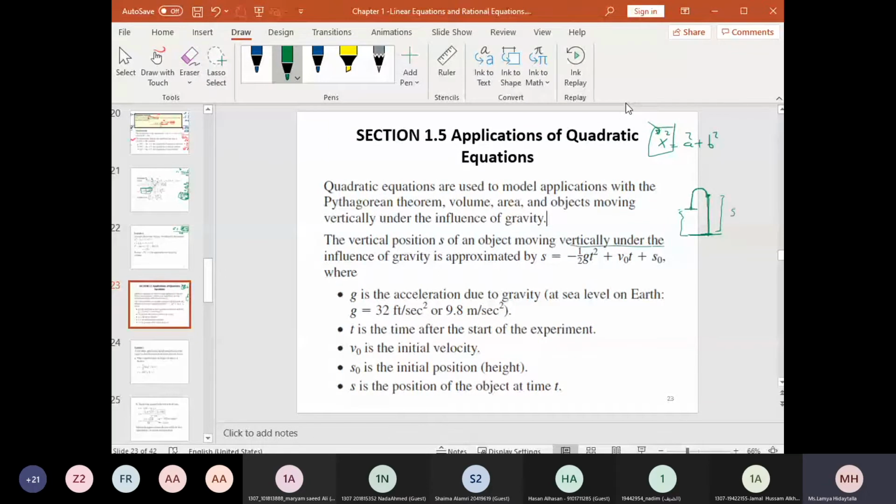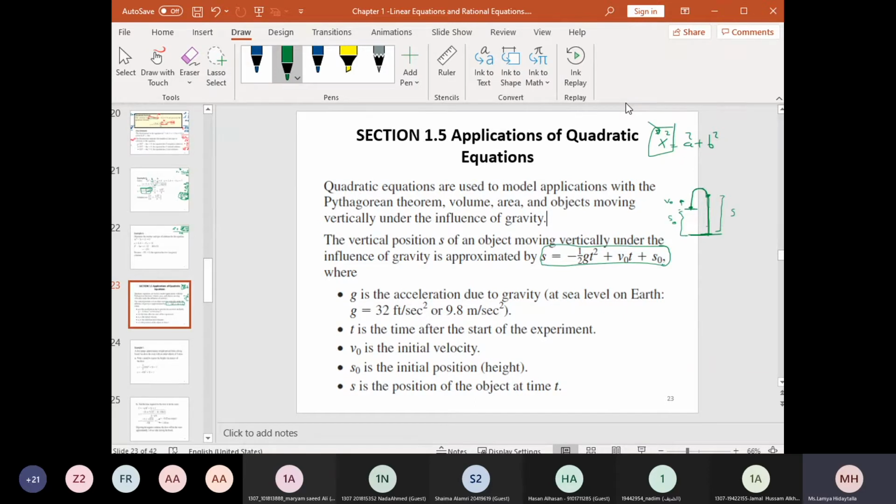If we throw a rocket, for instance, upward, what is S naught? S naught is the initial height. V naught is the initial velocity when you throw it up, what it was moving with. T is the time after 1 second, after 2 seconds.